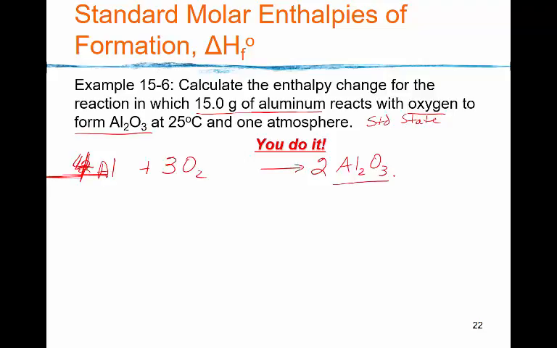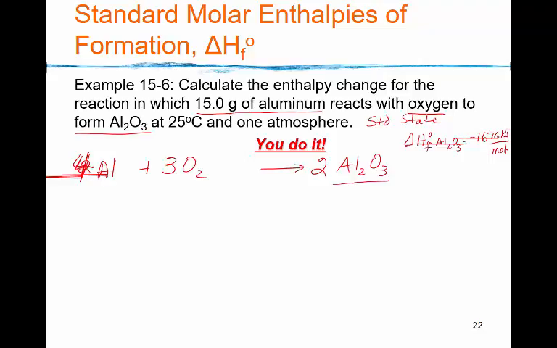Okay, so we can look on Appendix K, and when we do that, we're going to see that the delta H0F of Al2O3 is going to be a negative 1676 kilojoule per mole.